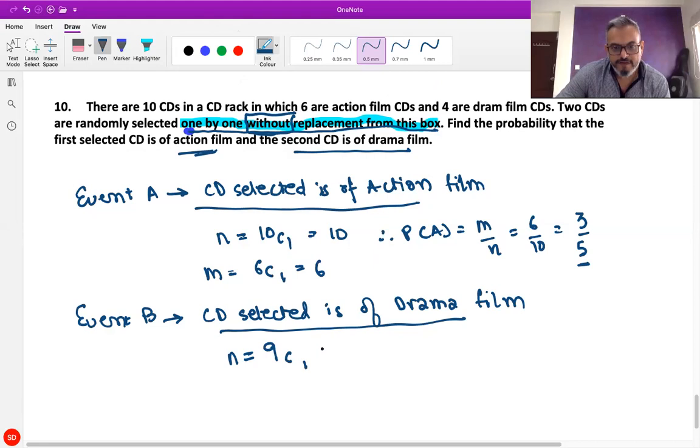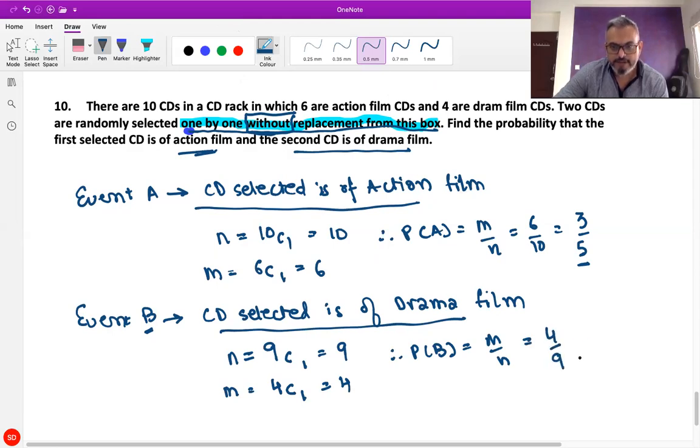So 9C1, which is equal to 9. M is the number of outcomes favorable to occurrence of event B. कितनी ड्रामा फिल्म्स हैं, 4. So 4C1, which is equal to 4. So therefore probability of B is equal to M upon N, which is equal to 4 by 9. We can't solve it further.